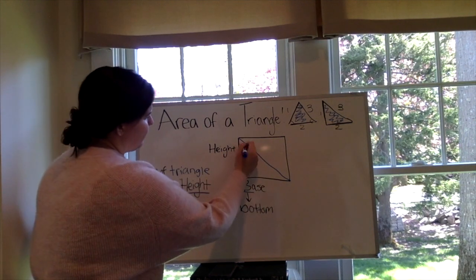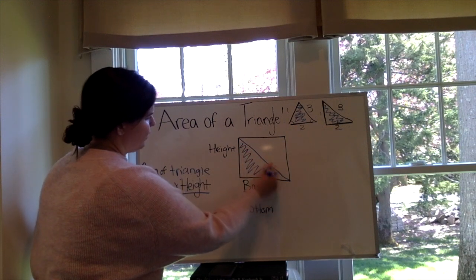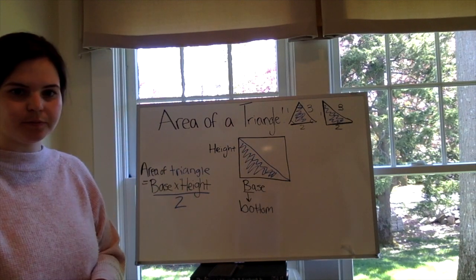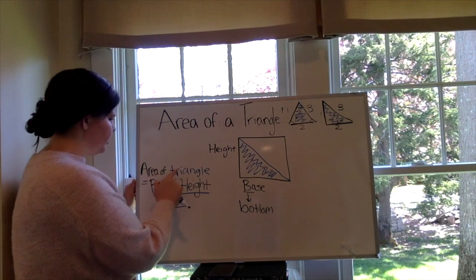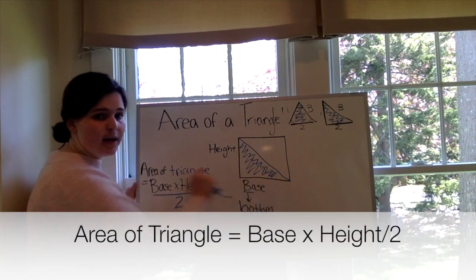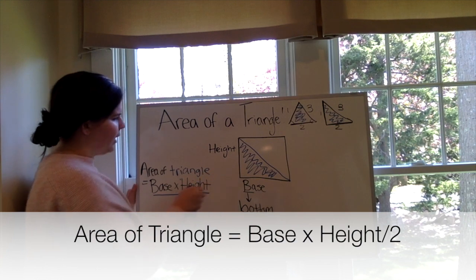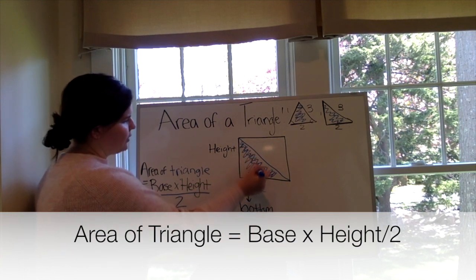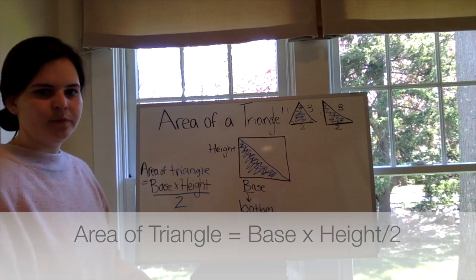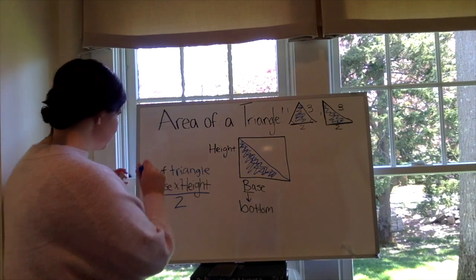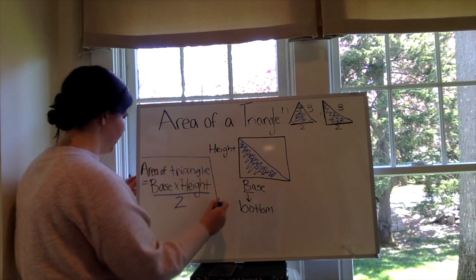It's only taking up about half. So that's why we need to divide by 2. So the area of a triangle is the base, or its bottom, multiplied by its height, and then we divide by 2 because we're only counting half of a square, or one triangle. Okay. Now we're going to use this formula to solve some problems.